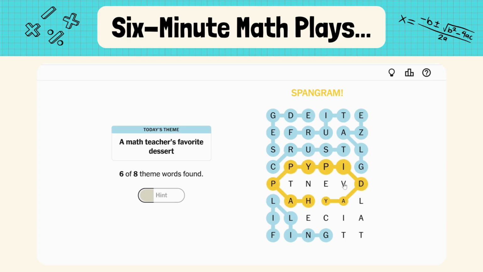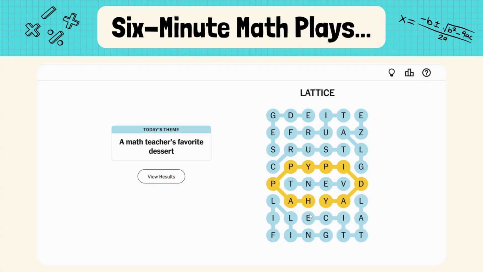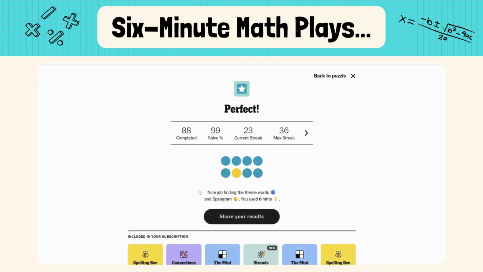Of course. Vent. And lattice. Not as easy as I would have hoped, but because it is today, Happy Pie Day for everyone.